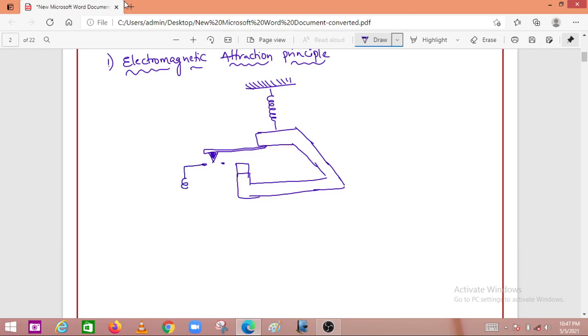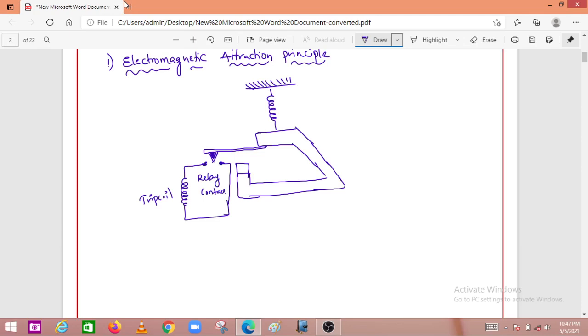This is a trip coil, and the circuit breaker is connected to the trip coil that we have seen in the previous case. Okay, right. So these are the relay contacts.